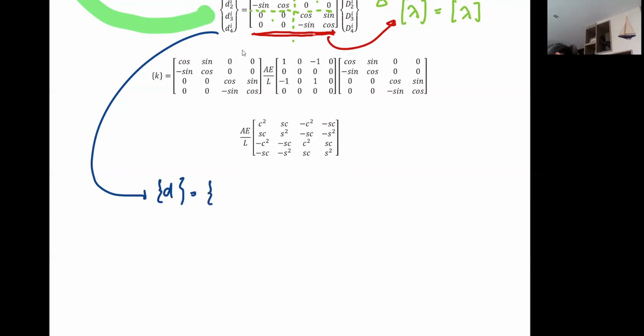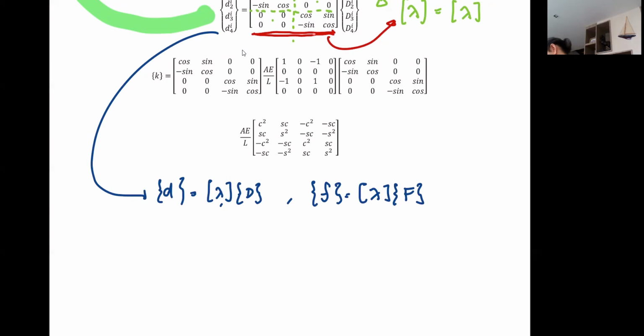Let's be consistent with symbol. Okay. You multiply this transformation matrix with the global coordinate system, you're going to get the local values. Similarly with the force.